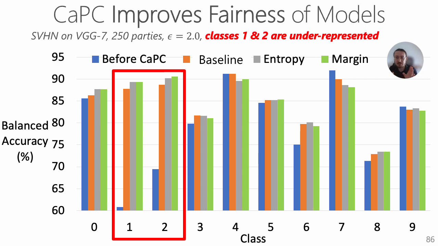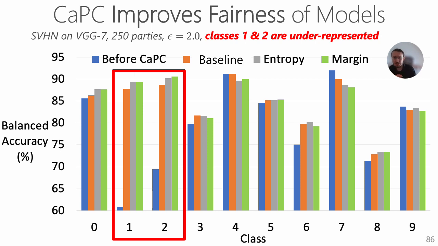So we see that the entropy and margin sampling methods increase the balanced accuracy of these classes more than the baseline, which is a random selection of samples. And this is because the less represented classes, 1 and 2, have a lower margin or higher entropy scores, and these samples from these less represented classes are selected more frequently for the answer by the collaborating parties.